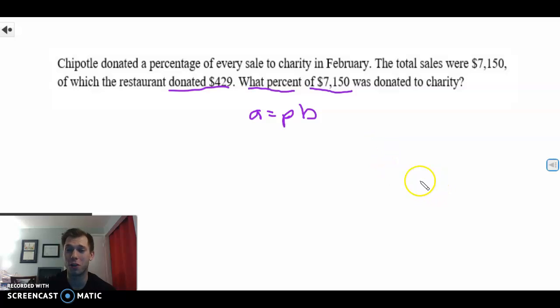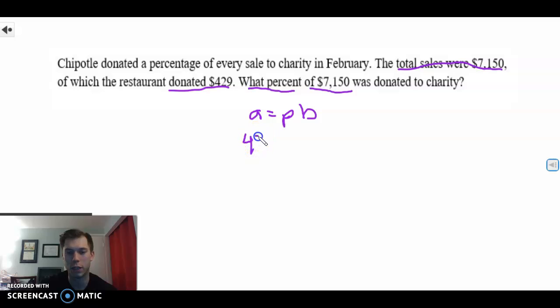Okay, guys, in order to solve this one, now we want to know what percent of this amount was donated to charity. So you have to determine what's the part and what's the whole. Is 429 the part or the whole, or is 7,150 the whole? Well, in this case, since the total sales amounted to 7,150, that's your whole amount. And the restaurant donated a part of that whole amount. They donated $429.